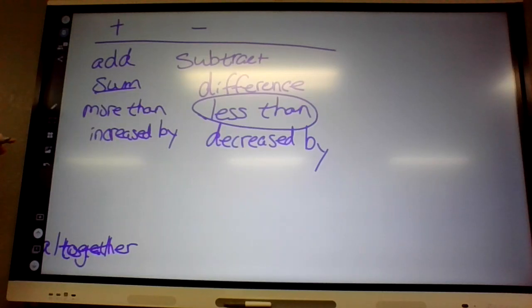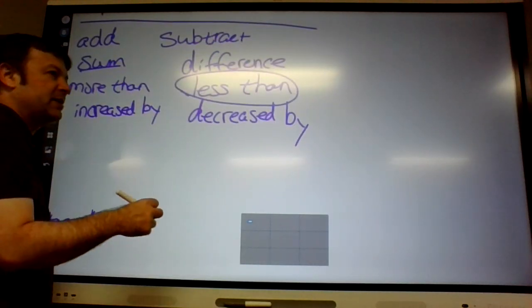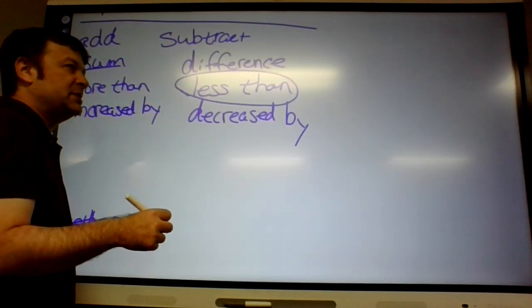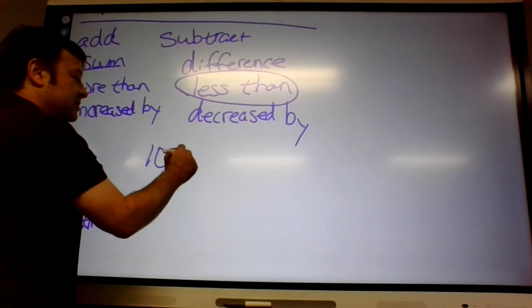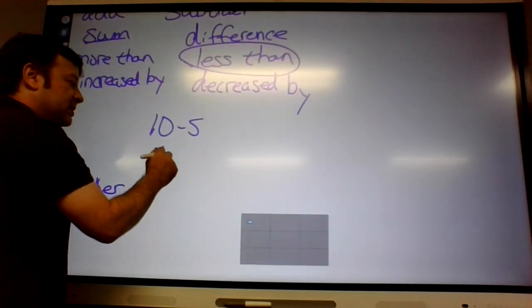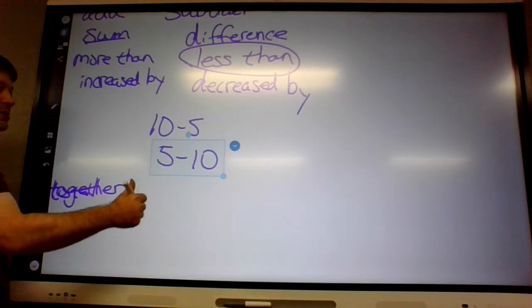The reason I circled that one is because less than is backwards from how you say it. On the homework from last chapter it was something like 10 less than 5, and some of you did this, but 10 less than 5 actually means 5 minus 10. So it was negative.